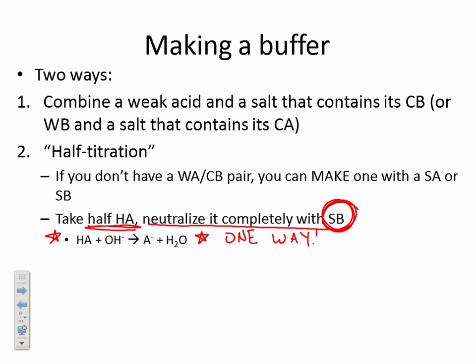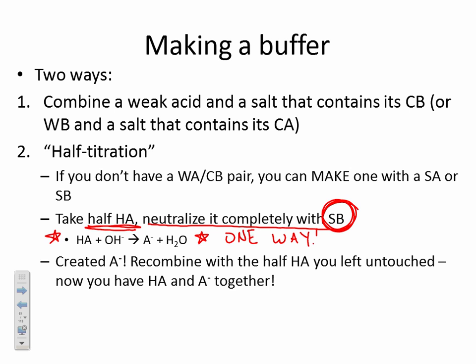So again, we've taken half of our HA and we've undergone this particular reaction. The reason why we did that is because this reaction made A minus. So we didn't have one of the components of the buffering system. We only had one.